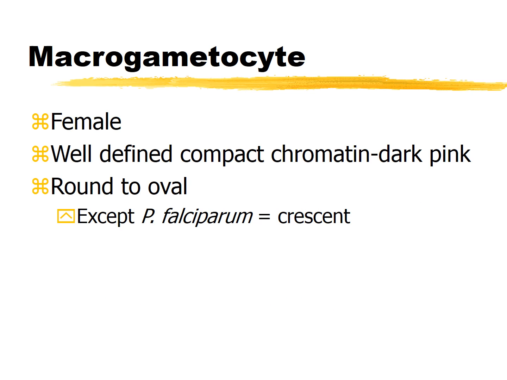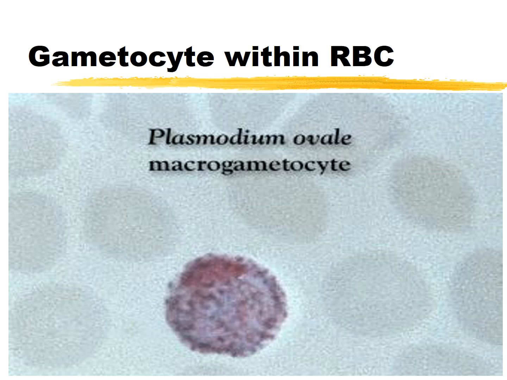The macrogametocyte is the female. It's well-defined compact chromatin, dark pink. It's round to oval, once again, except for falciparum, which is crescent shape. You can see the gametocytes within the red blood cells, or you can see them free-flowing within the blood. Here's a gametocyte within the red blood cell.